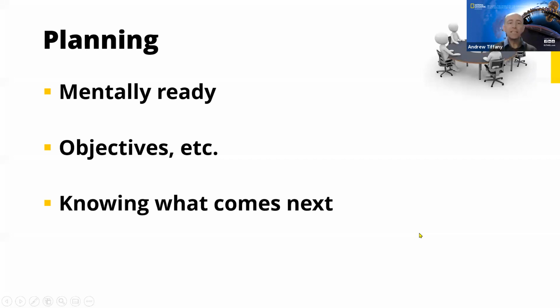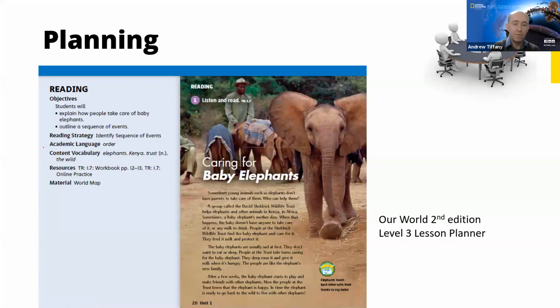Okay, great. So yeah, getting things like knowing your objectives for a particular section. So this is a page from a teacher's guide. We've got a reading activity here, but what are the things we want to have happen during this reading activity? So we want to look at explaining how people do take care of animals. We want to have a sequence of events.